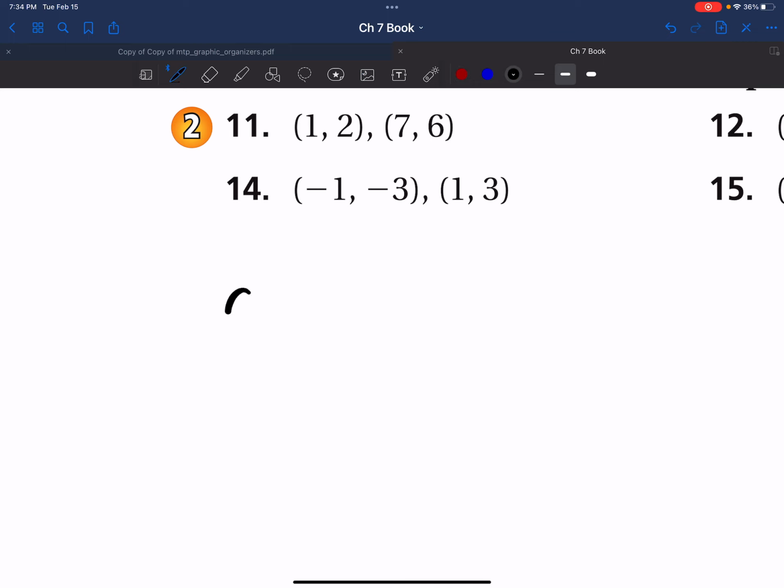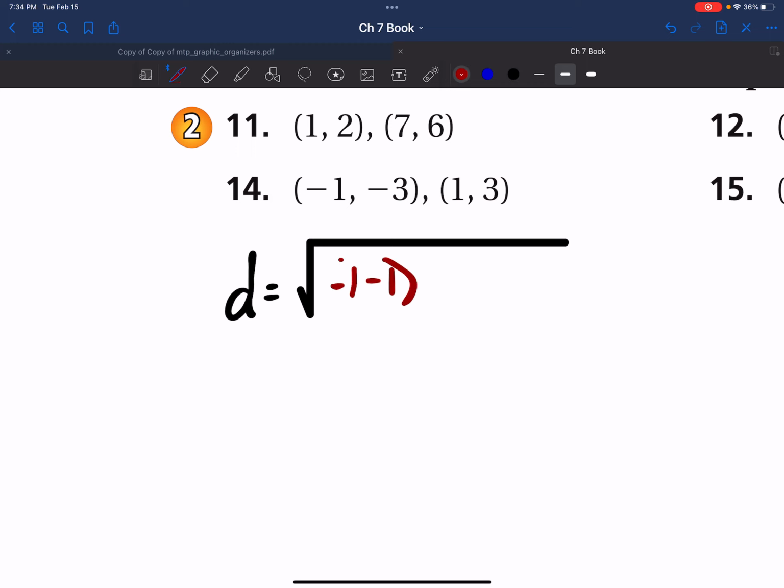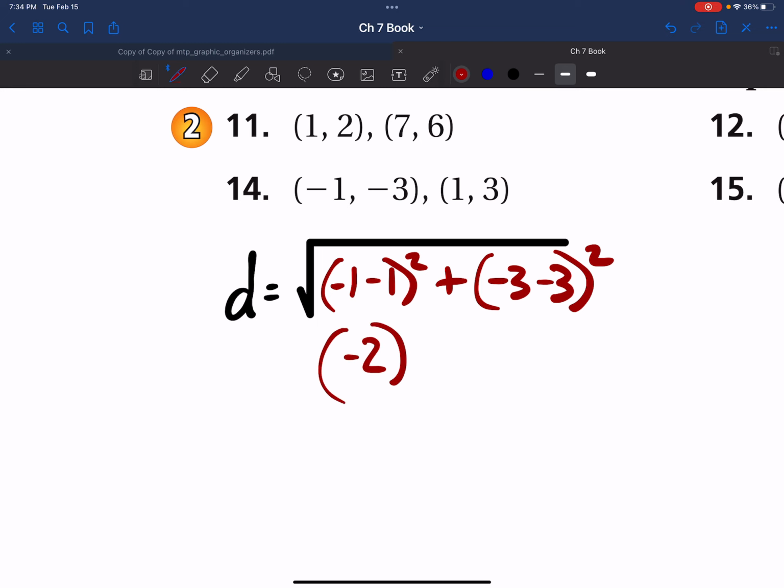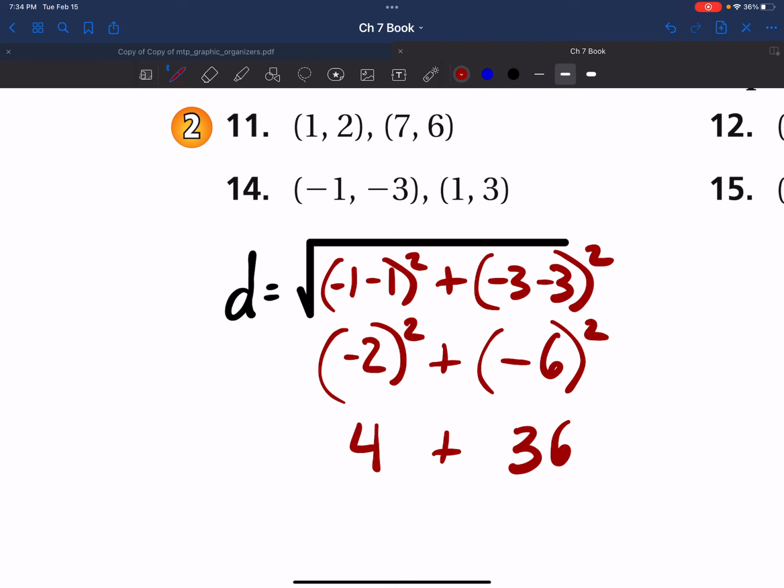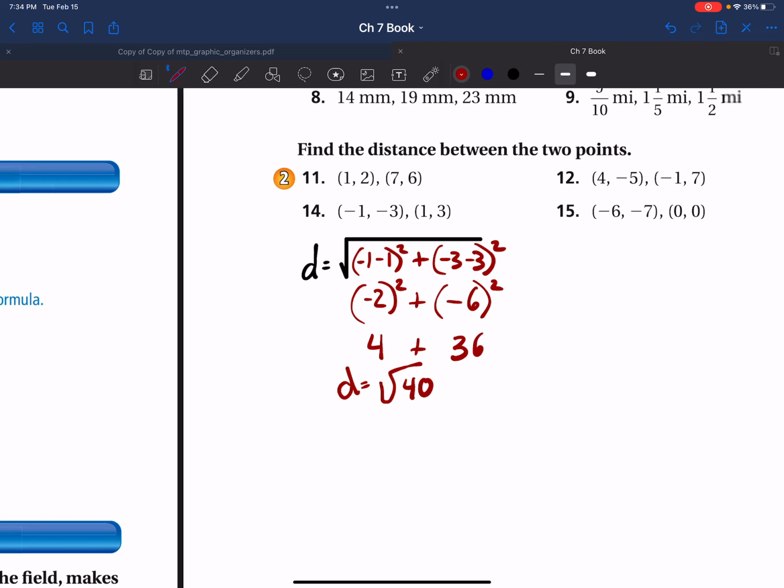Distance equals the square root of the change in x's, so I got -1 minus 1 squared, plus the change in y's, -3 minus 3 squared. -1 minus 1, signs are the same, just add, that's -2. -3 minus 3, signs are the same, just add, that's -6. 2 squared is 4, 6 squared is 36. Square root of 40. Nothing times itself is 40, which means I'm just going to leave it as distance equals the square root of 40.